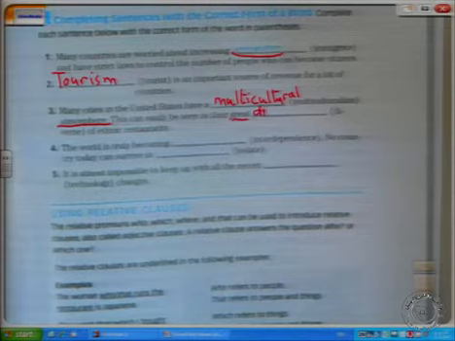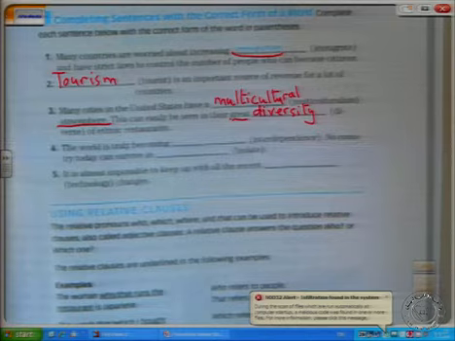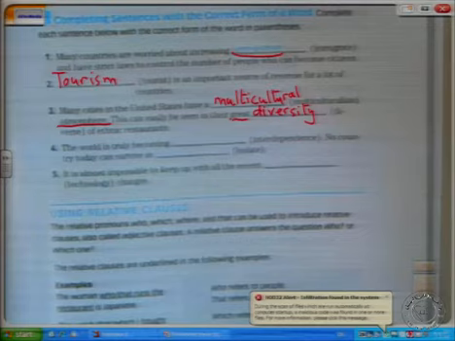So here, great diversity. Diversity means composed of many different people or things. Our sentence now has meaning. Many cities in the United States have a multicultural atmosphere. This can easily be seen in their great diversity of ethnic restaurants. Sentence number 4. The word is truly becoming, we have here, interdependence.